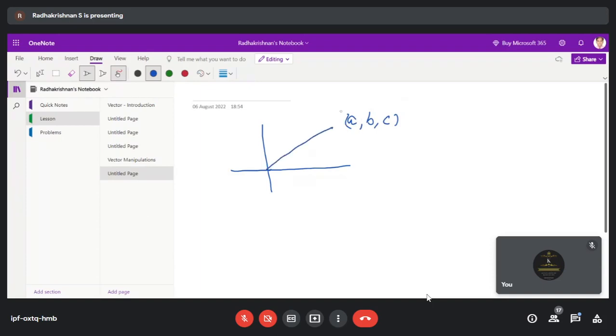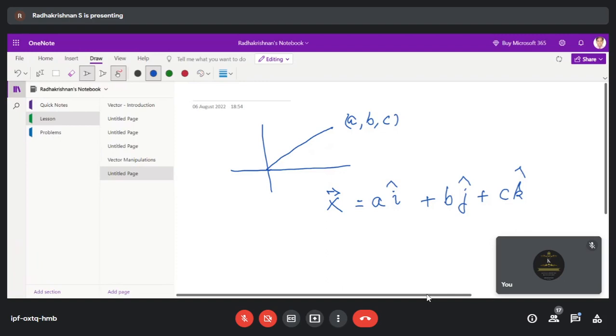This vector has x coordinate a, y coordinate b, and z coordinate c, so we represent this vector as a into i, where i is the unit vector in the direction of x, plus b into j, plus c into k.